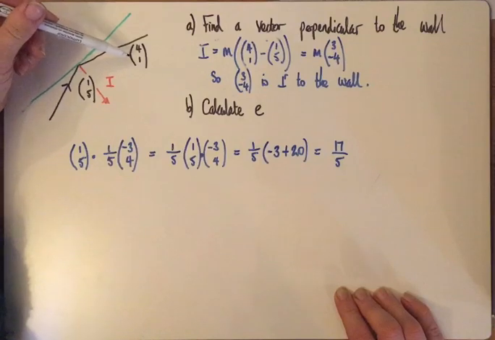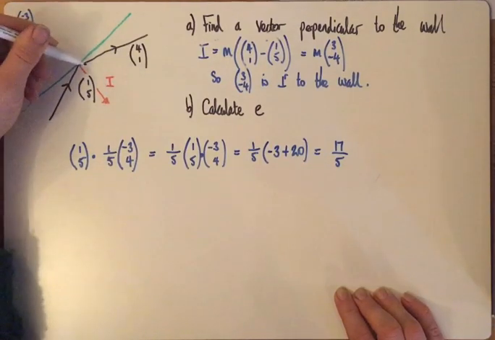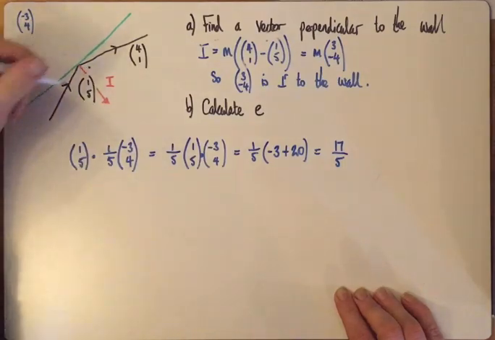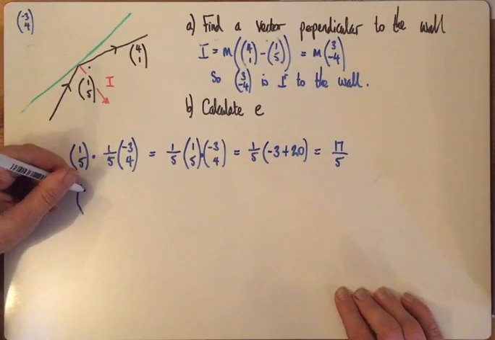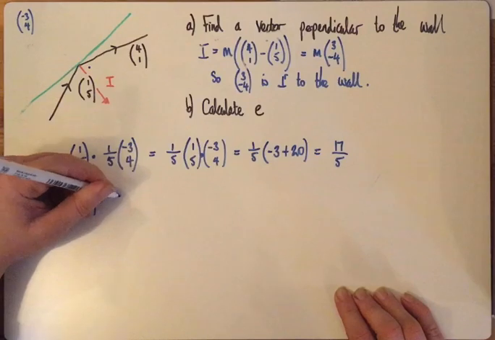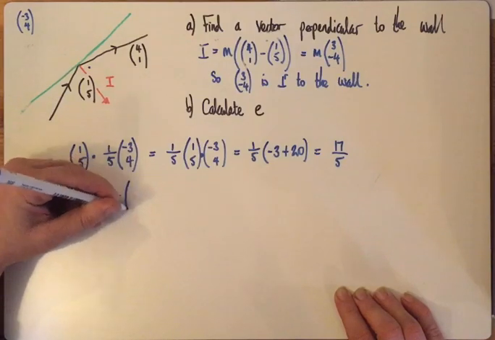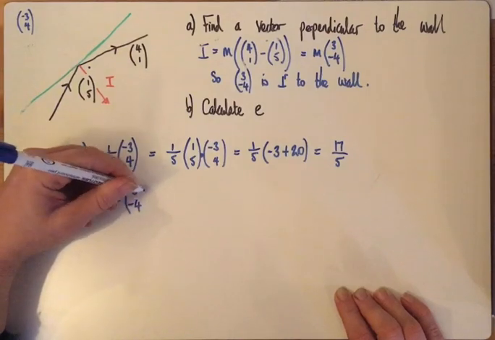And then doing the same with this vector, but this time they're both travelling out of this angle, so that's fine. So I want to do 4.1 dotted with a unit vector in the direction of the impulse, which is 3 minus 4.